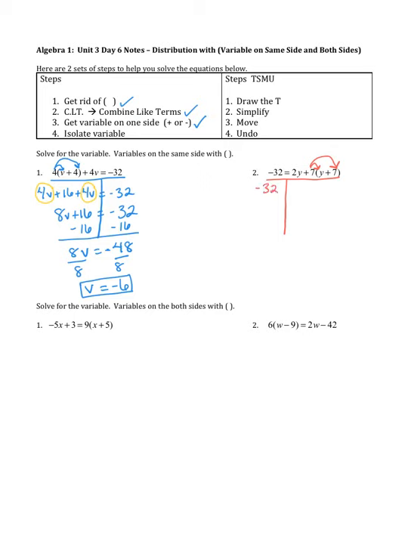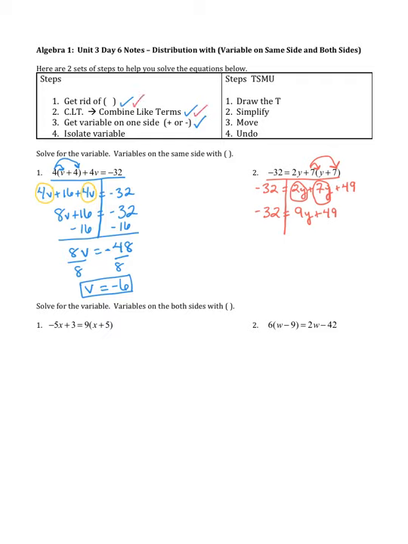Negative 32 equals 2y plus 7 times y is 7y, and 7 times 7 is 49. Combine these like terms. Because 2y and 7y can be combined, you have negative 32 equals 9y plus 49. Now let me check off. We got rid of the parentheses.